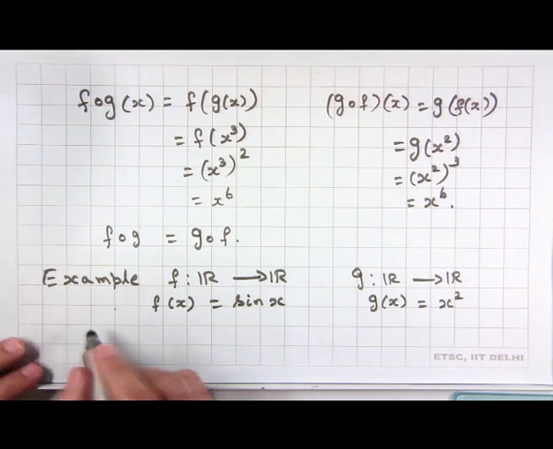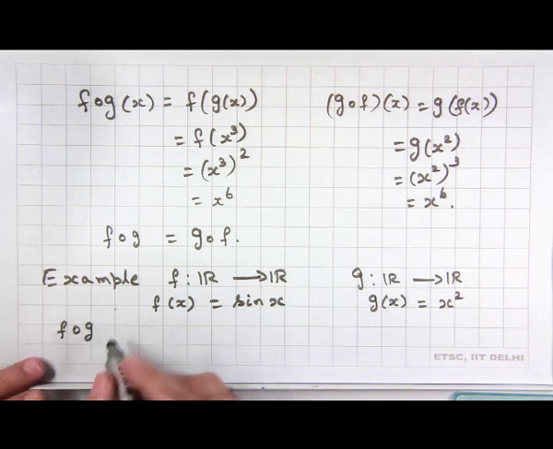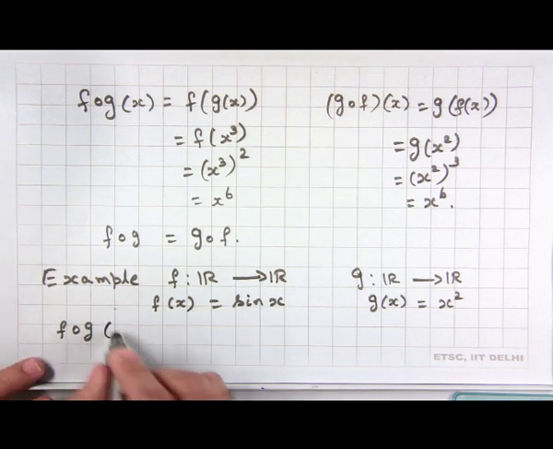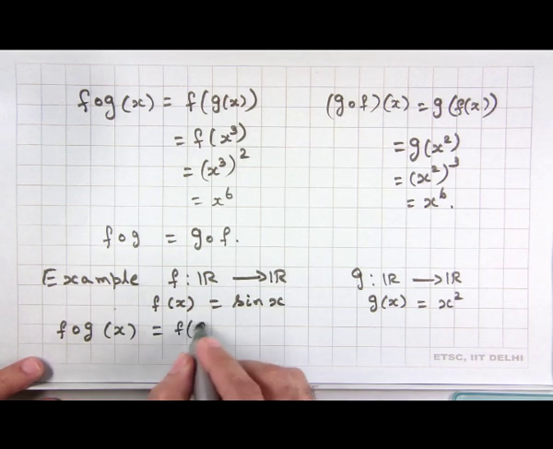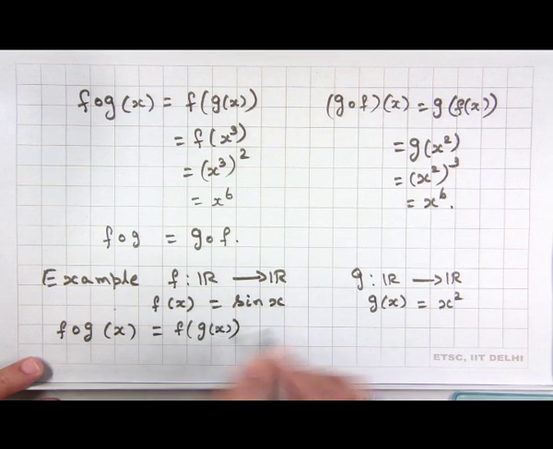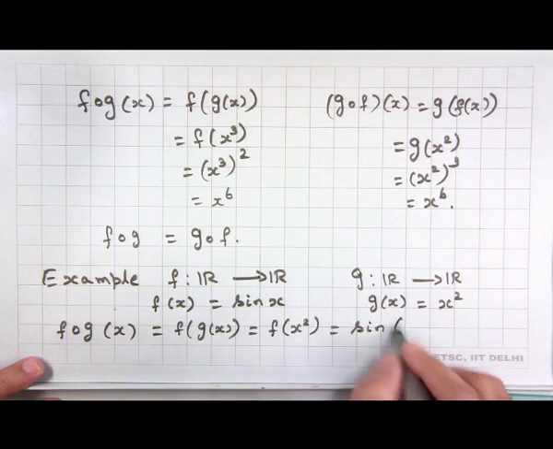Now, let us try to compute f composed with g and g composed with f. f composed with g at x is going to be f of g of x, which is f of x square, which is going to be sin of x square.